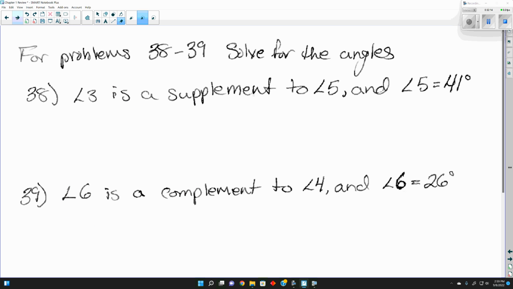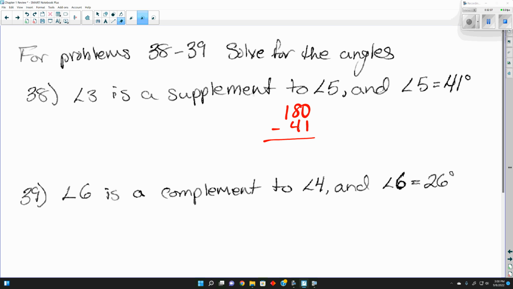38 and 39. 38 is what? Yep, because what's supplement? Supplement is 180. 180 minus 45 is. Yes.